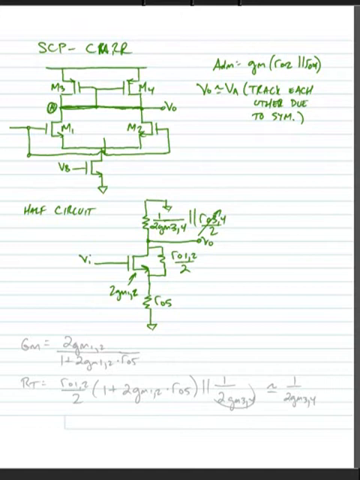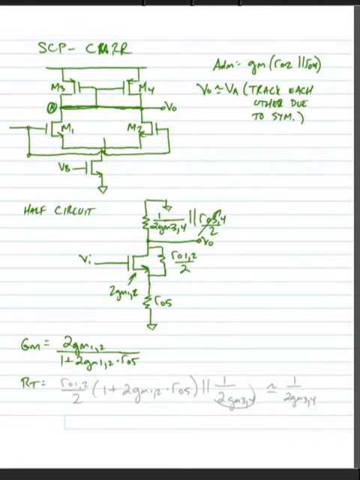And if we write the voltage gain for this circuit, we'd have to find the big Gm and the R total at the output. Big Gm, we know, is equal to 2 gm1,2 over 1 plus 2 gm1,2 times ro5.